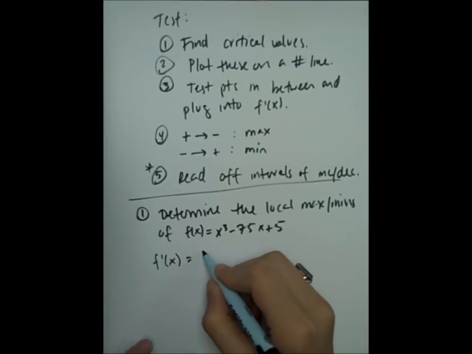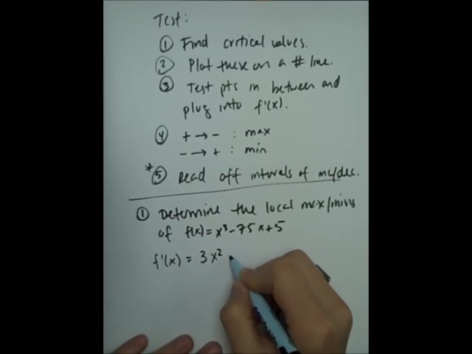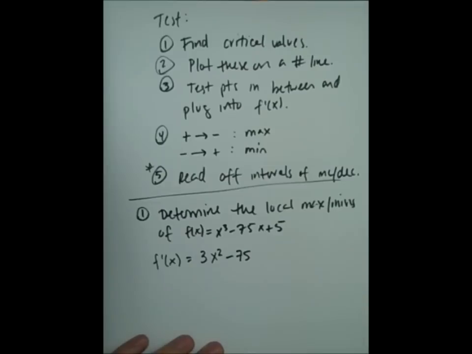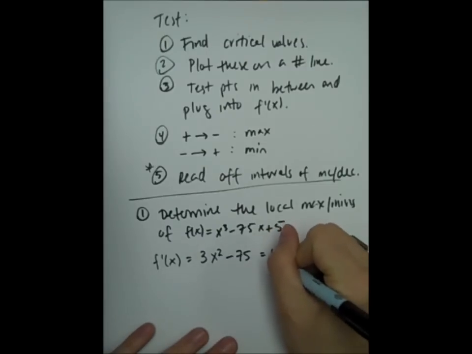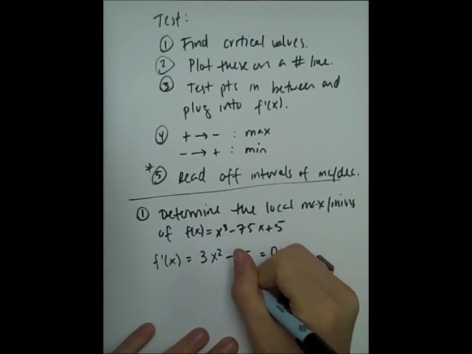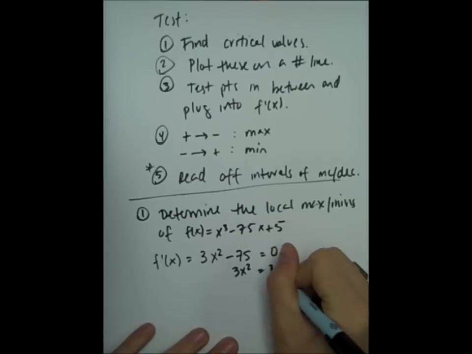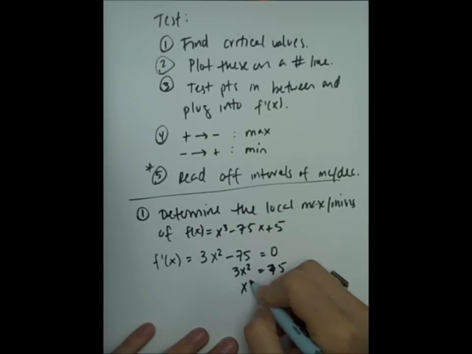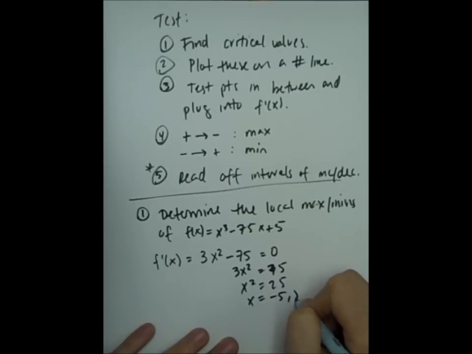The derivative here is 3x squared minus 75. Is this ever undefined? Well, this is a polynomial, so no. Next, where is it 0? That's 3x squared is equal to 75. So x squared is 25, which tells me x is negative 5 or 5.